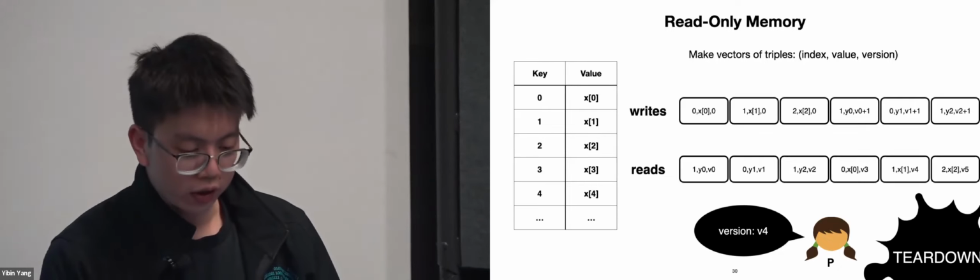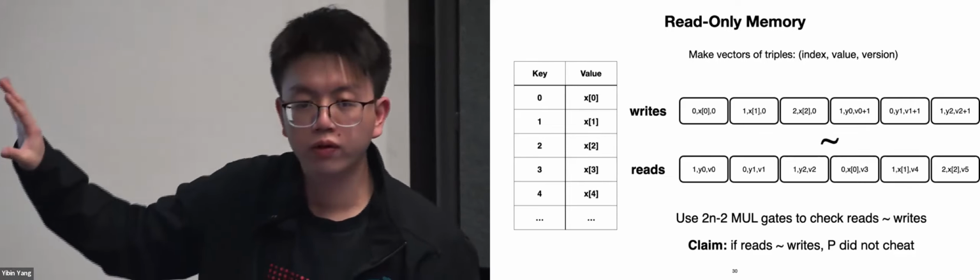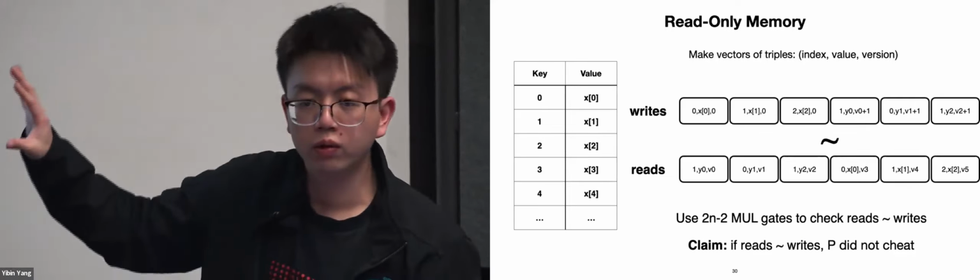And the crucial observation is that it suffices for the prover to just show the verifier that these two arrays commute to each other. What does this mean? Let's focus on the index 1 access. The first time the prover and verifier want to read index 1, you put version 0, y0 in reads, and you write back version 1.